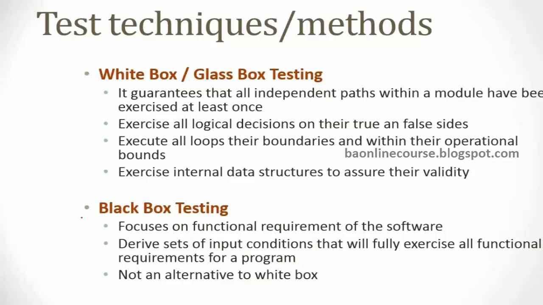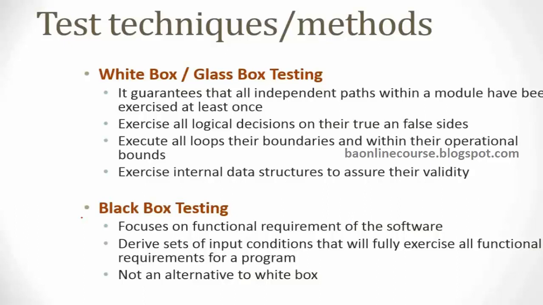You know what is expected out of the system: if I give this input to the system, this is the output which is expected. You prepare your test cases based on that understanding, and then check whether the actual output is equivalent to the expected output. If it is, then the system is working correctly. In a way, it's a roundabout way of figuring out whether the system is working correctly or not.